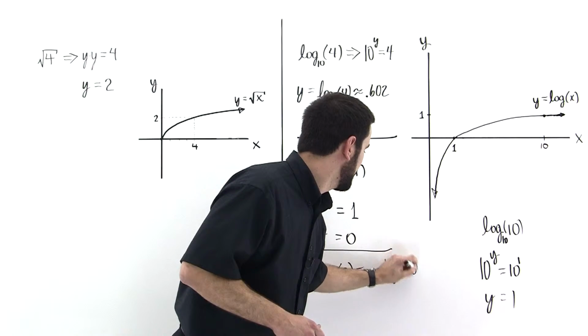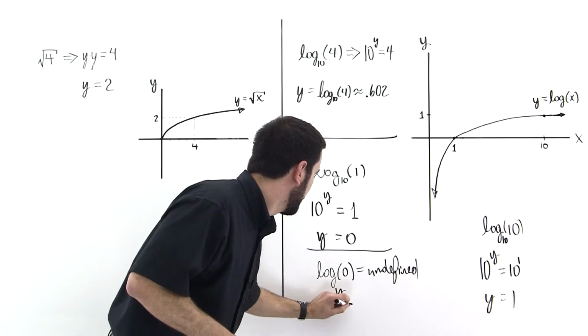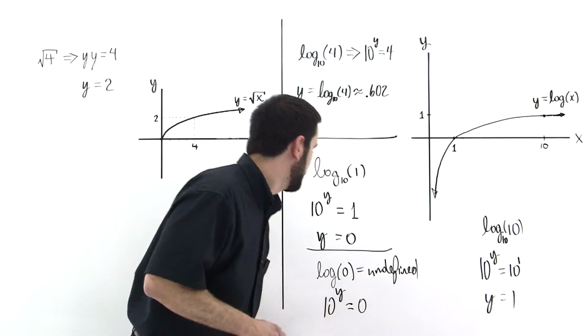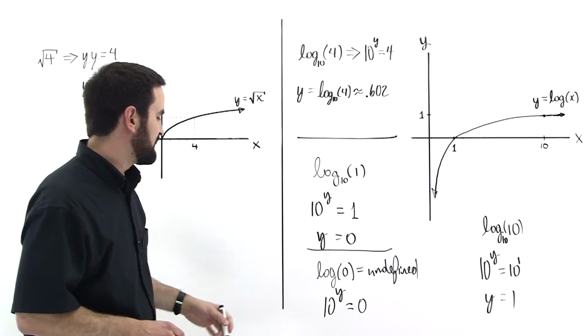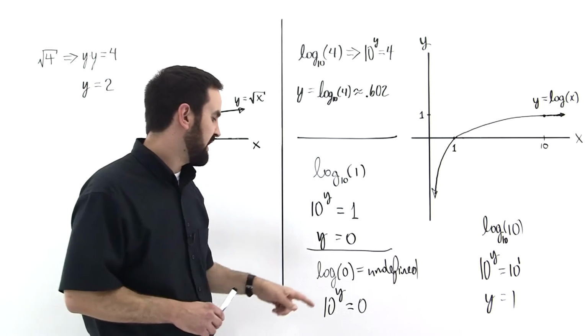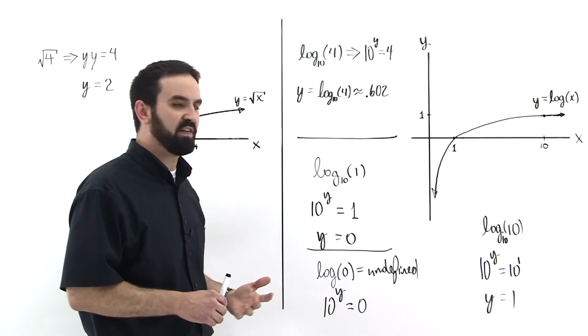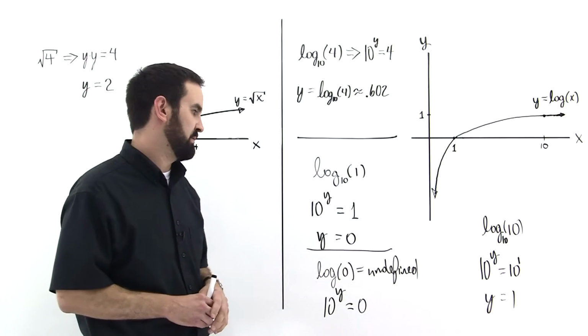Because think about what you're asking. You're saying 10 raised to the what power is equal to 0? Well, there's no value of y that will satisfy this equality. And because there's no value of y that will satisfy this equality, it's undefined. The function is undefined at that value.